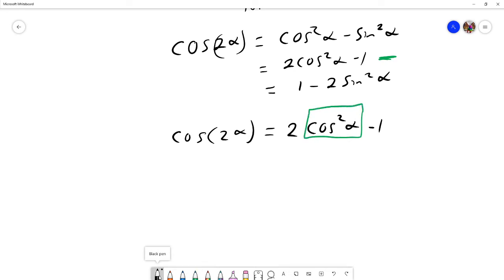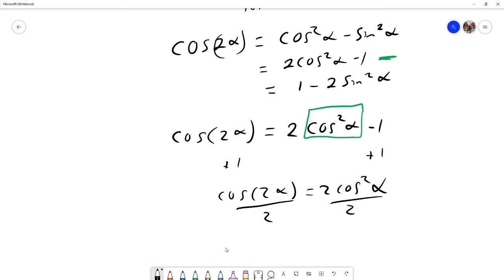We want to isolate the cosine squared because our goal is to express that cosine squared, so cosine to this power, in terms of cosines without exponents, and to do that we're going to use our double angle identity. So first thing we need to do, of course, is add 1. So we get cosine of 2 alpha plus 1 is equal to 2 cosine squared alpha. Then we divide out the 2.